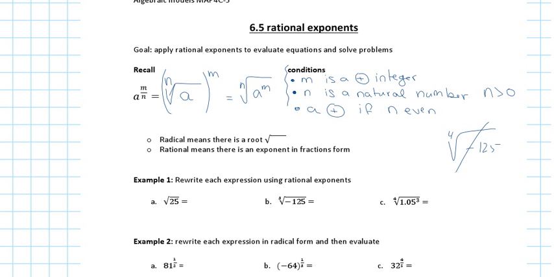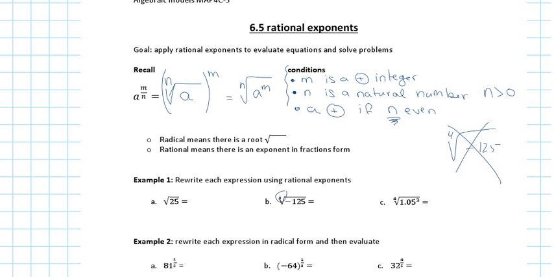You can't. This is the fourth root. So a has to be positive if n is even. So if n is odd, a can be negative. Okay? But if n is even, so 2, 4, 6, whatever, you can't take the square root of a negative number.